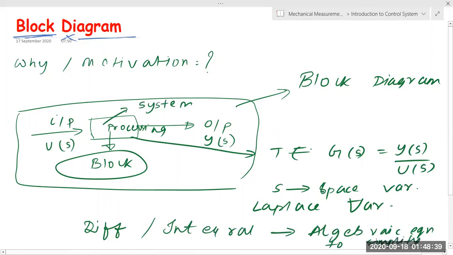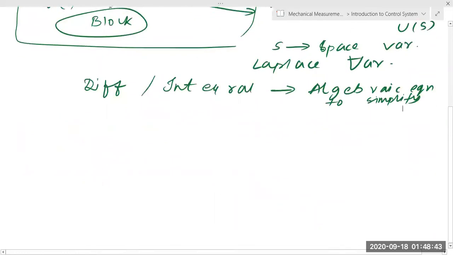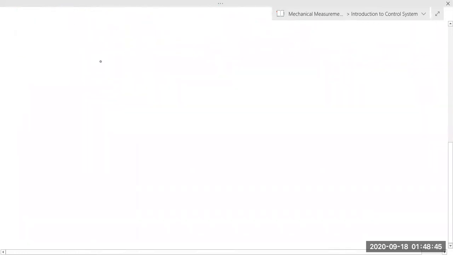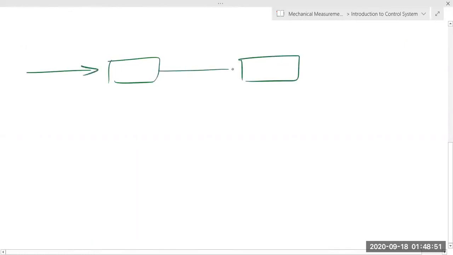Now what is the motivation behind studying this block diagram? Suppose there are two components. There is an input that is going to come to this, and this will be an output, and this output will become the input to this system, and then it will come as an output from here.